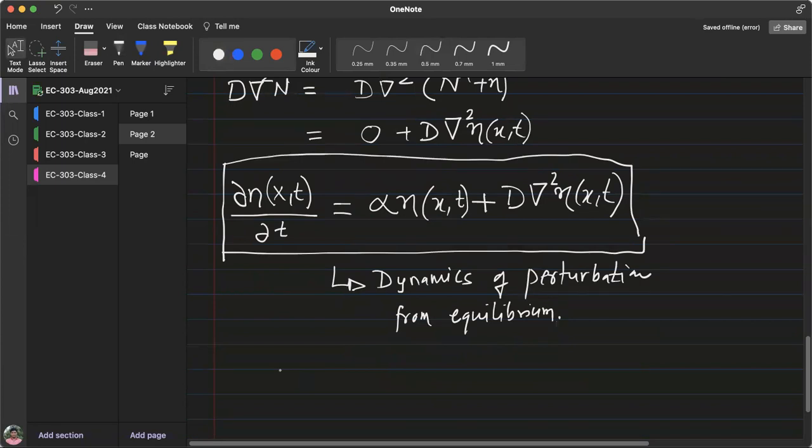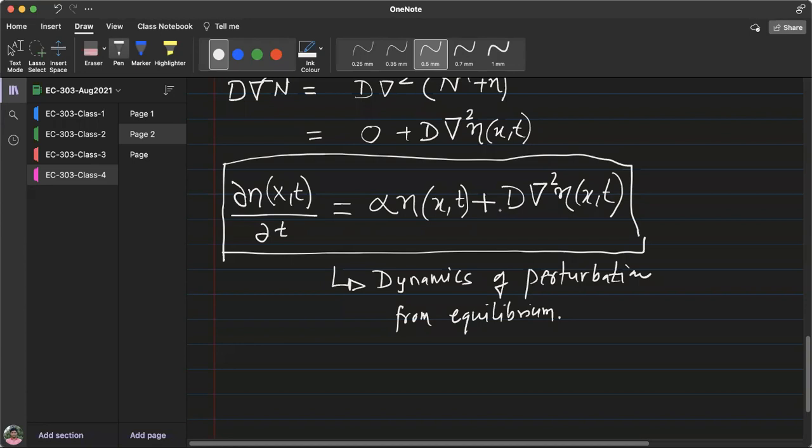In the mean field model, the sign of alpha would have told us the stability. The question is now, will the diffusion change it in any way? That's something not very clear. Let's take a specific location. If alpha was negative, that means locally there's a decay, right? But diffusion is a positive term, right?